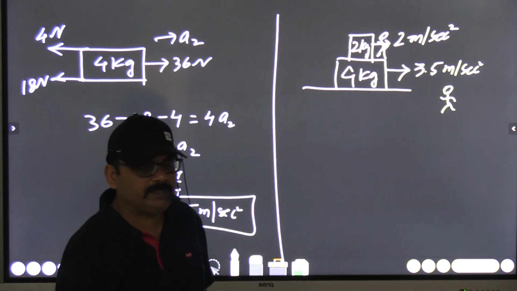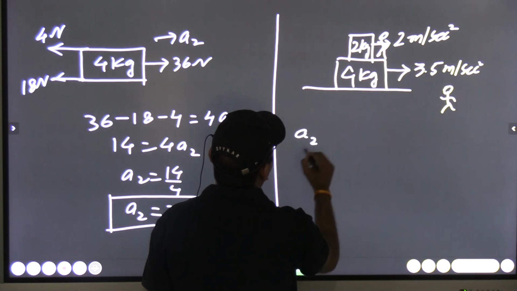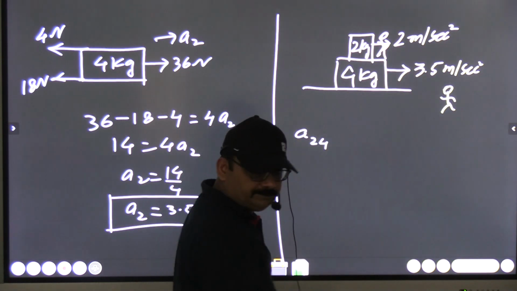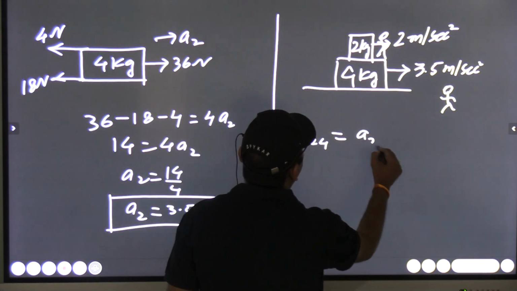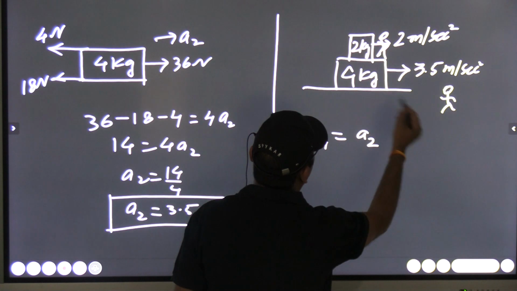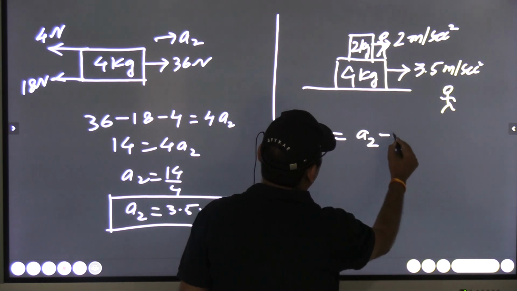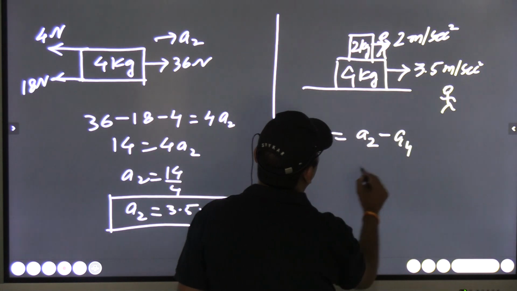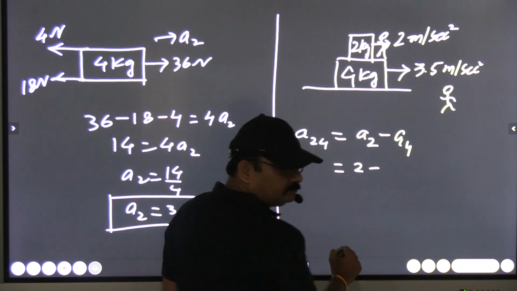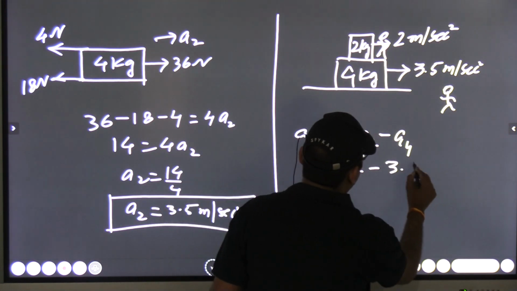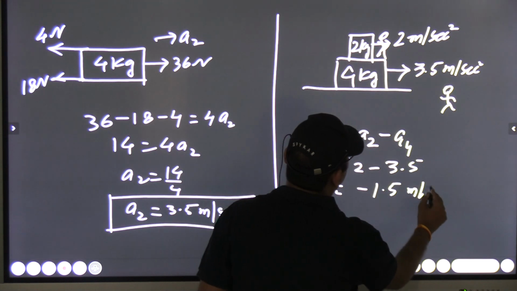With respect to the lower body, let us find the acceleration of 2 kg with respect to 4 kg, which is the acceleration of the second body minus the acceleration of the lower body 4 kg, taking magnitudes. The accelerations are 2 minus 3.5, that is minus 1.5 meter per second square.